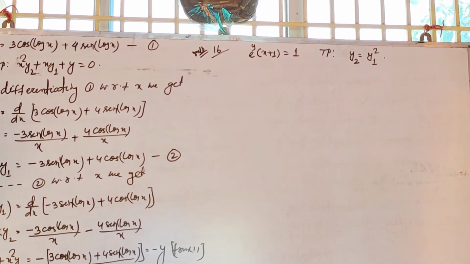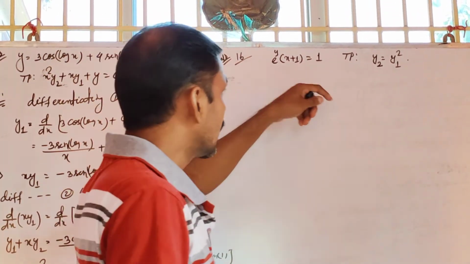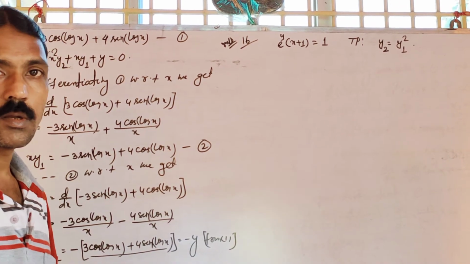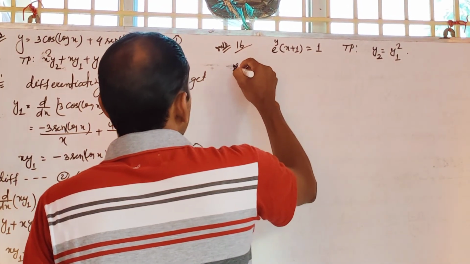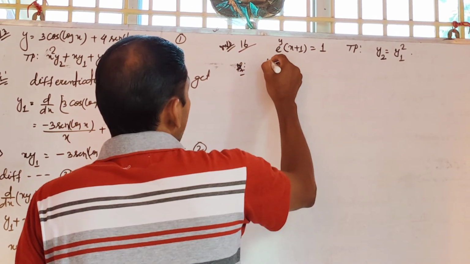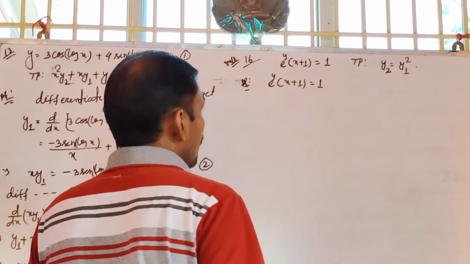The second order derivative is the square of the first order derivative. This is given. Okay. So e to the power y into x plus 1 equal to 1.